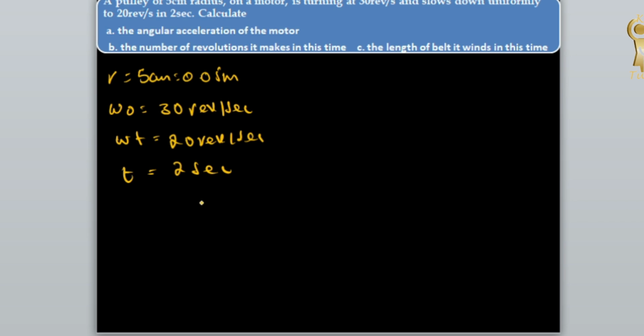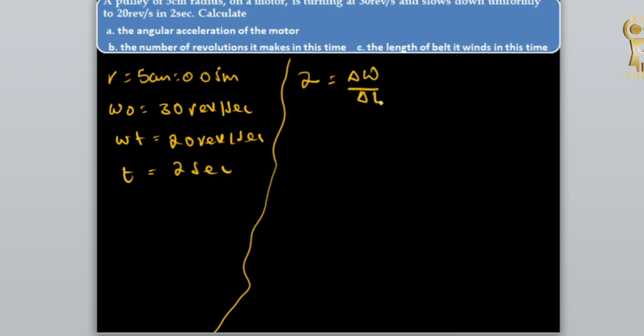What is asked first? The angular acceleration. We know that average angular acceleration equals change in omega over change in time, which is omega final minus omega initial over time.